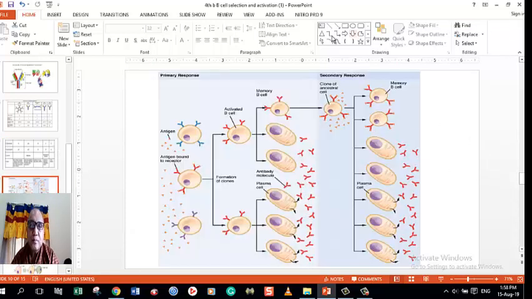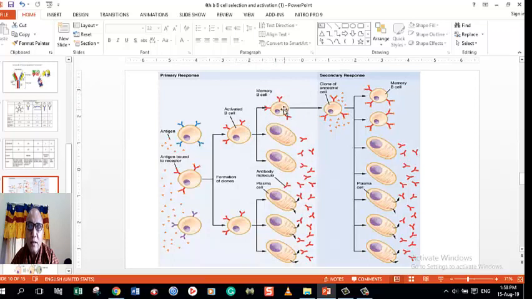Let's continue. In the primary encounter, when the antigens attack the cell, the antigen presenting cells, or the B cells, let's say here B cell is an antigen presenting cell. The B cell recognizes the antigen, gets activated, and produces memory cells.